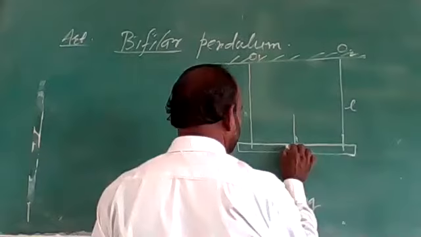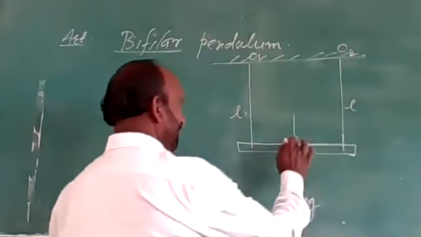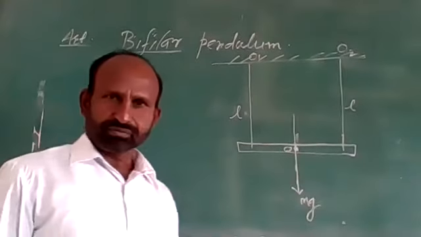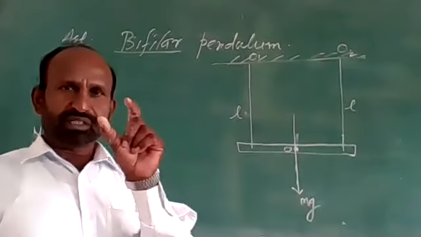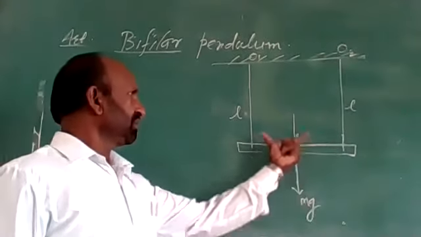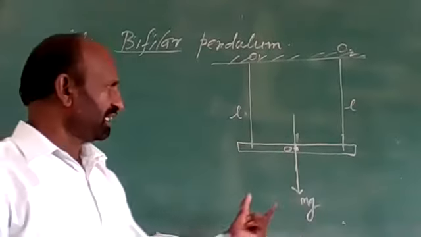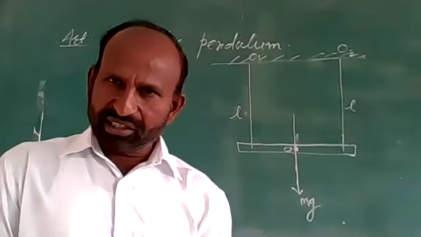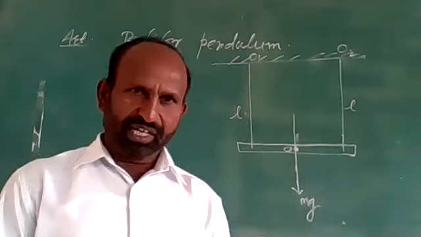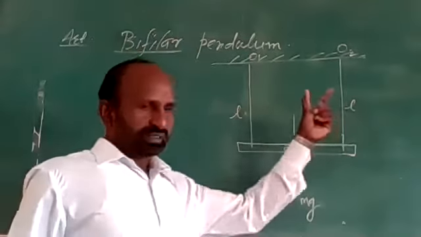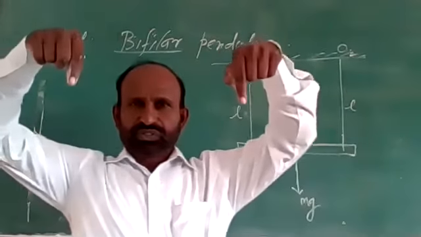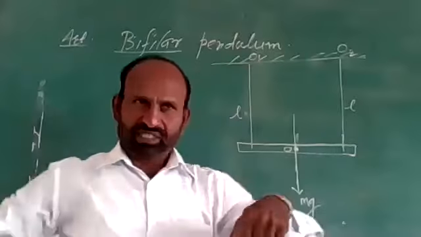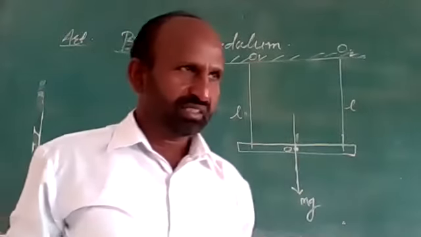So this is point O, center of gravity. Here is the mass of the bar, and the weight of that bar is mg. Then the weight of the bar is balanced by two threads. Means we are using two threads, so these two threads balance the weight of the given bar.